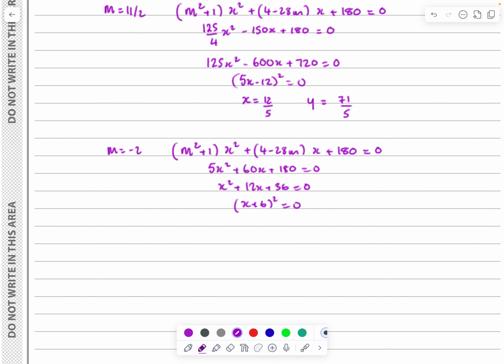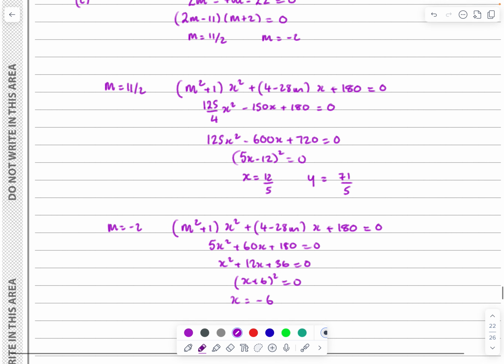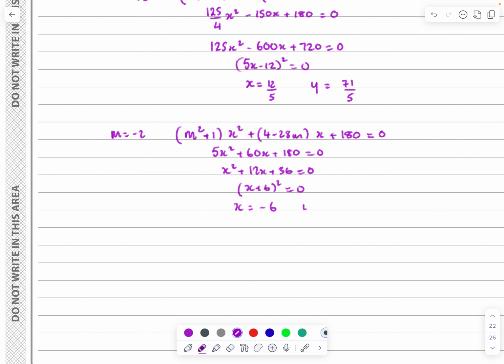And that would give me x equals minus 6, and then y from that works out to be equal to minus 13. So we have those two possibilities for our pairs of answers. Sorry, y is equal to 13, not minus 13.